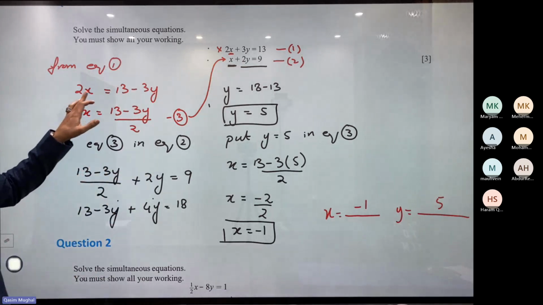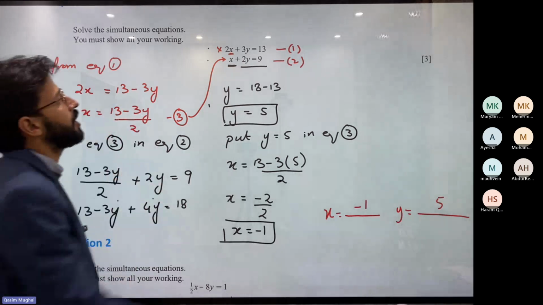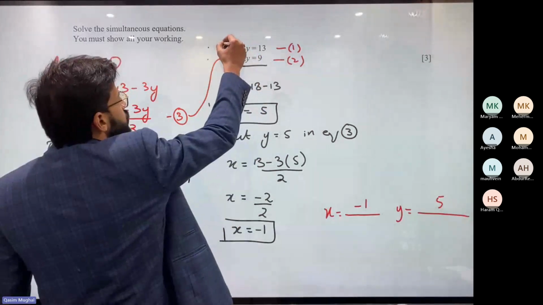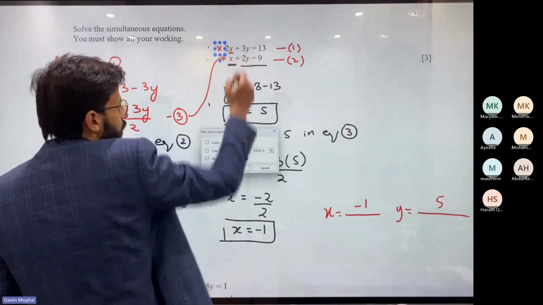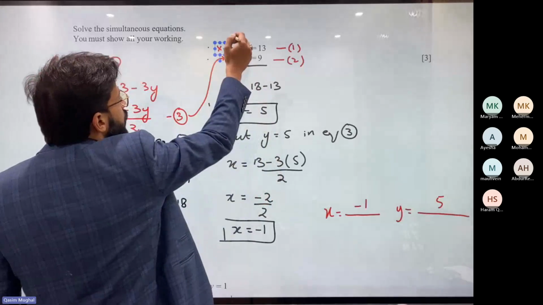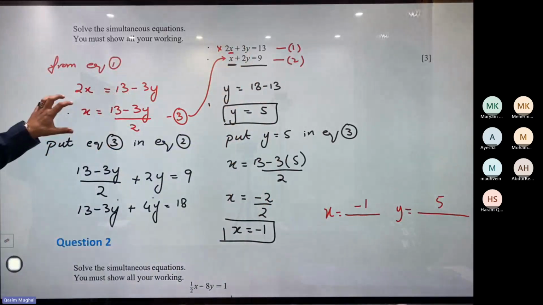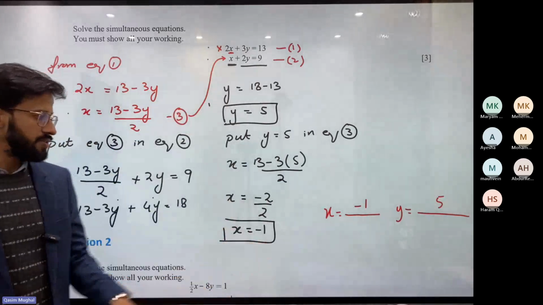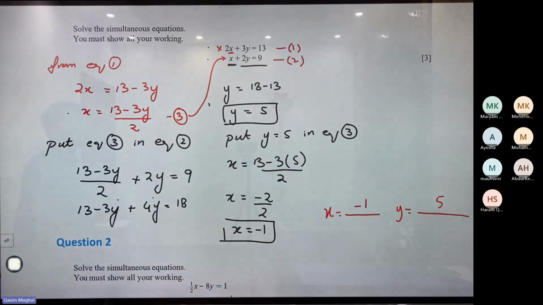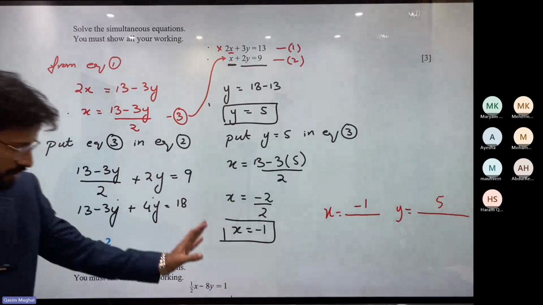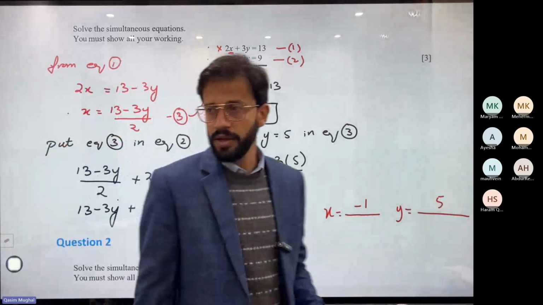Now I asked randomly, and Aisha asked me to go for equation 1, fine. And then we decided to go for variable x from equation 1. We were able to achieve the answer, but try to keep the things simple. I'm not saying this is wrong. This is perfectly fine. Okay.